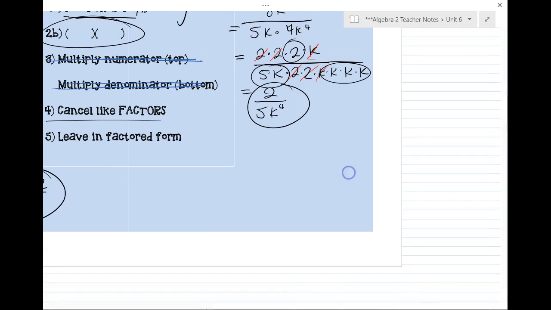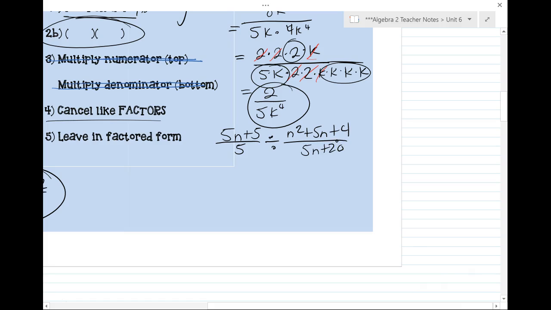Okay, one more problem. Now, let's look at division with a binomial and a trinomial. 5n plus 5 over 5, and then n squared plus 5n over 4. Sorry, plus 4 over 5n plus 20.